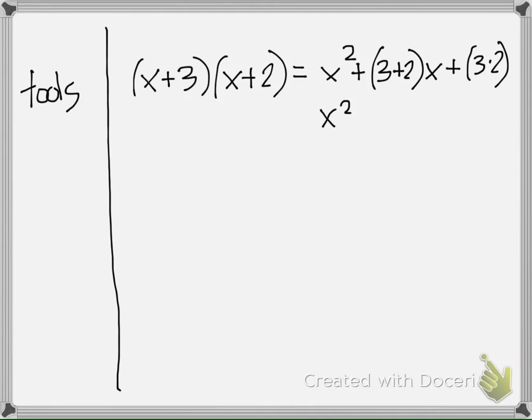So that's x squared plus 5x plus 6. Again, when you FOIL it, you get x squared plus 3x plus 2x plus 6.